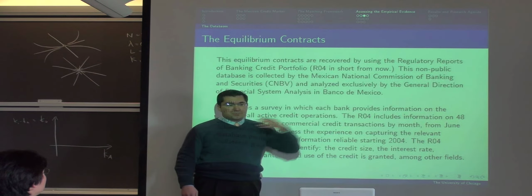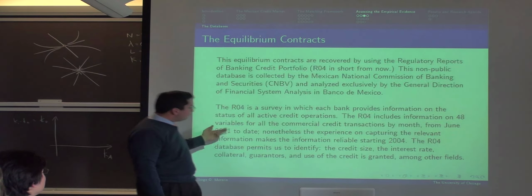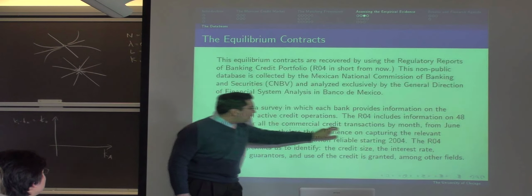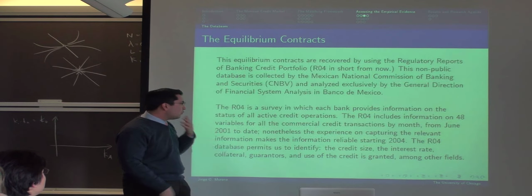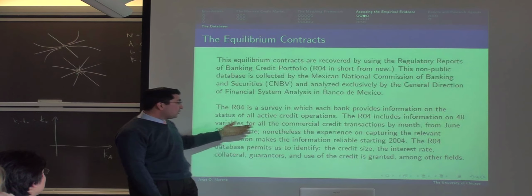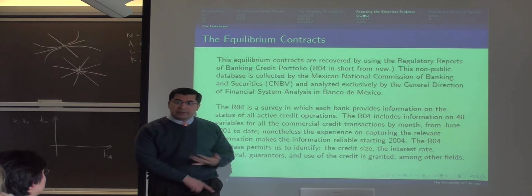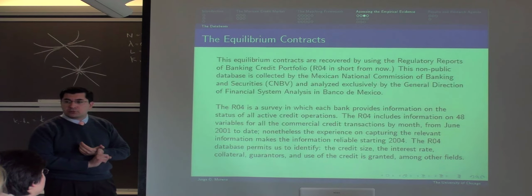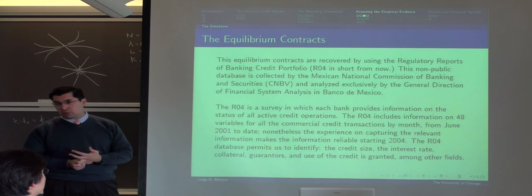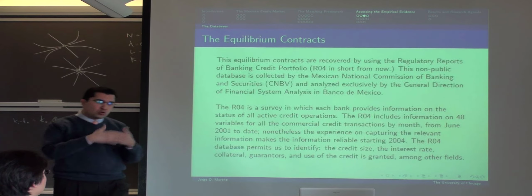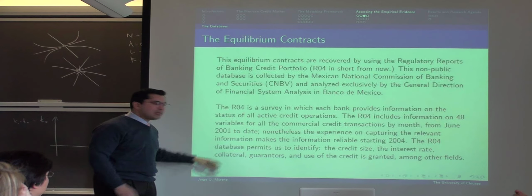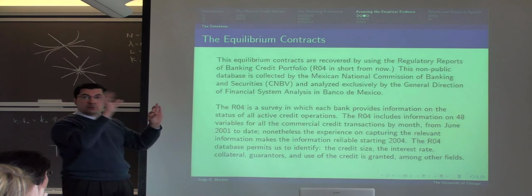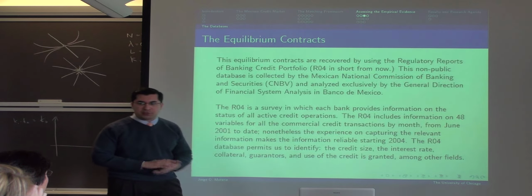So we have information by month since 2000 but more reliable since 2004, because this period of experience took a lot of time for capturing the information about the credit size, the interest rate, the collateral, the monitoring, the guarantor, the repayment, and the termination of the contract, among many others. Also location, and this information is by credit line. So we have by bank, by firm, all these characteristics of the contracts.